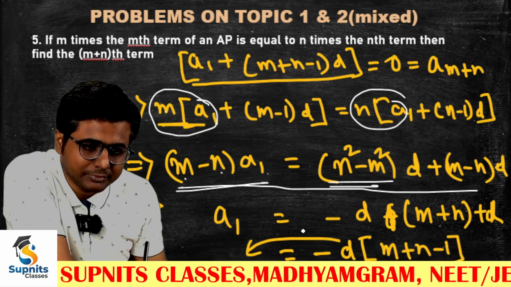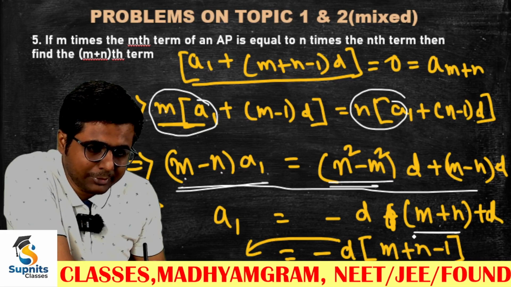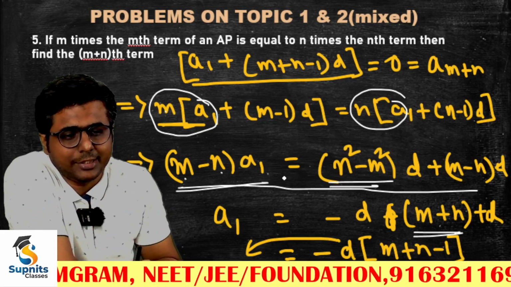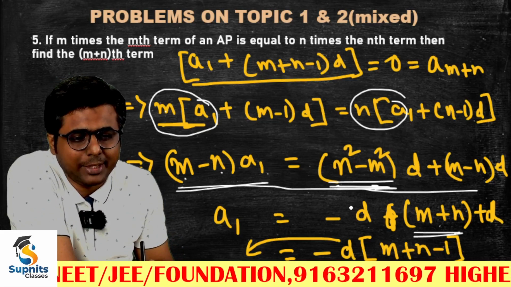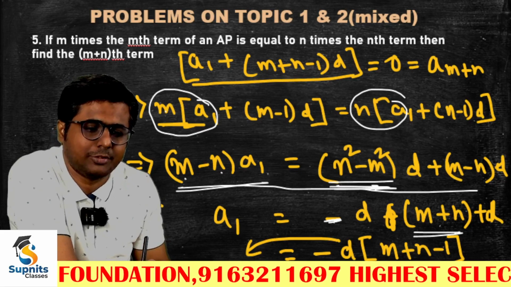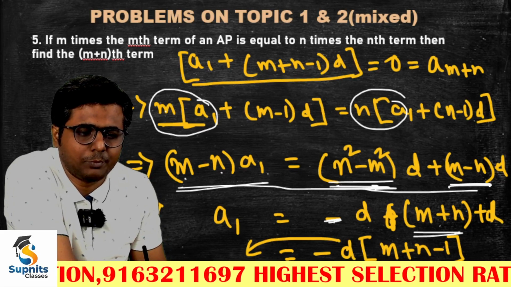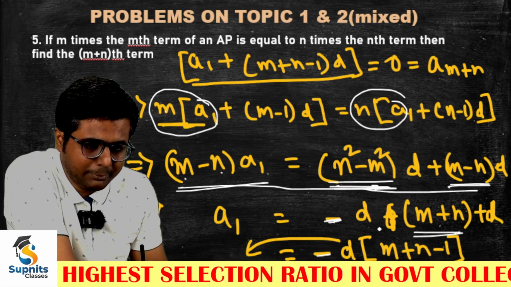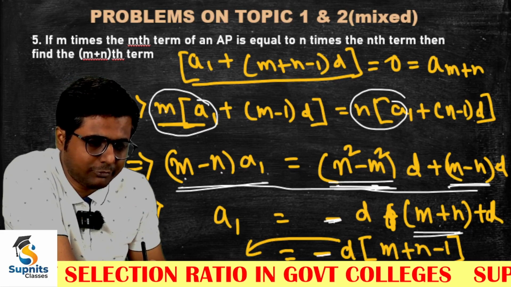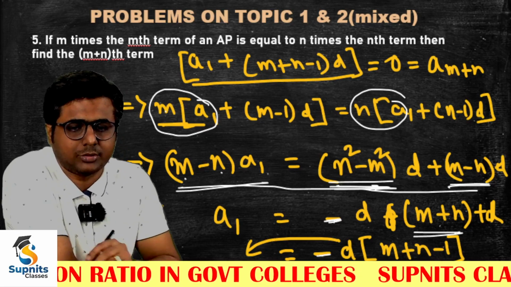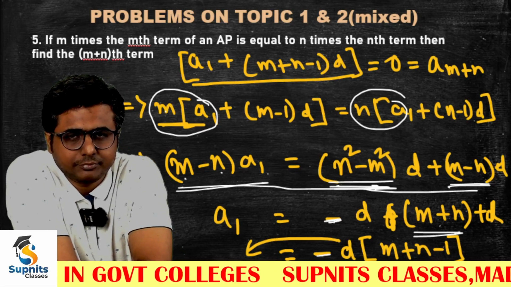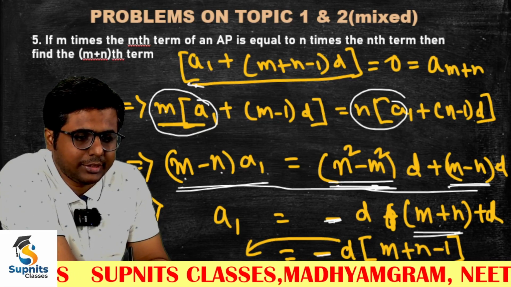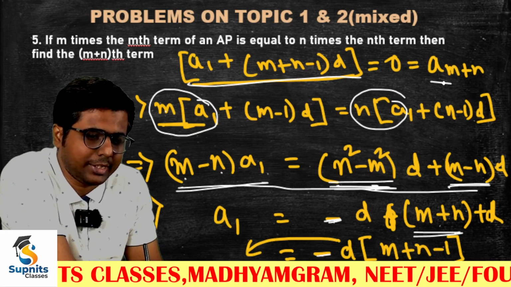I have written m plus n because I divided by m minus n, and here you get n minus m, so I have taken a negative sign. Here, divided by m minus n cancels out. Here I have taken minus d common and I am left with m plus n minus 1. Clear? And this one I brought to the left side, which is nothing but a(m plus n).